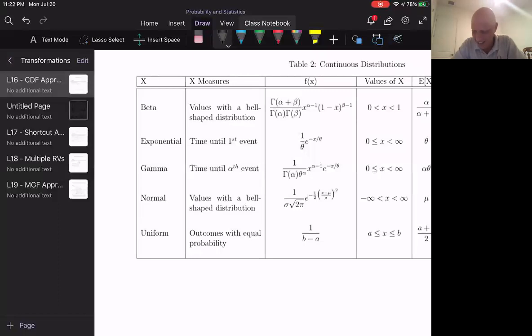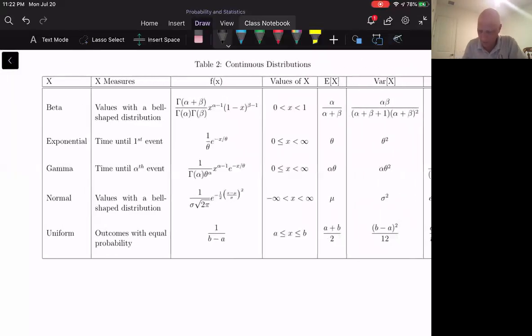So here on this table, it has a general uniform a to b. But if a is 0 and b is 1, then according to the fourth column, your variable would go from 0 to 1. So that's one thing. But then also, if it is uniform 0 to 1, 1 over 1 minus 0 is 1. So your PDF will be 1.